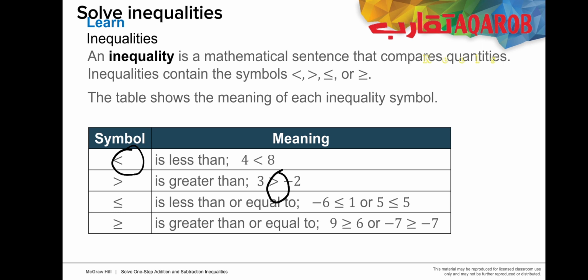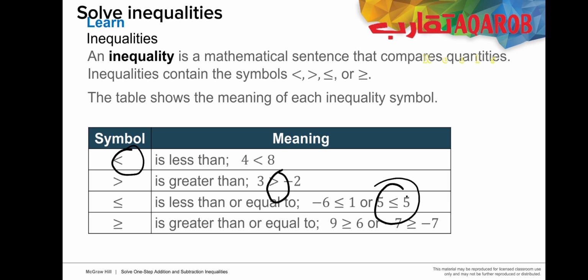Now, in the next one, we can see the third symbol. This is actually less than or equal to. Is this inequality true? Since there is this small equal bar, it shows you that there could be equality between them, in a situation like 5 compared with 5.